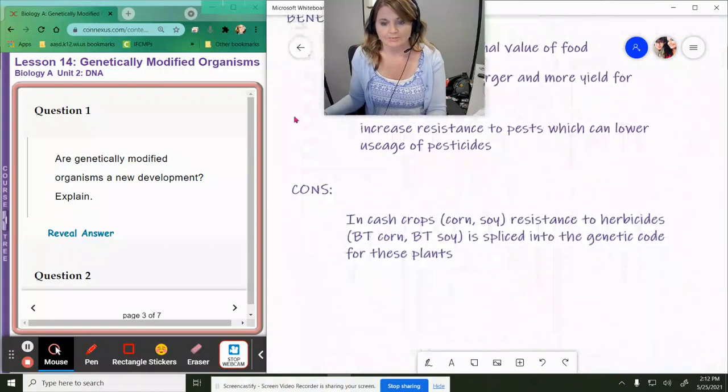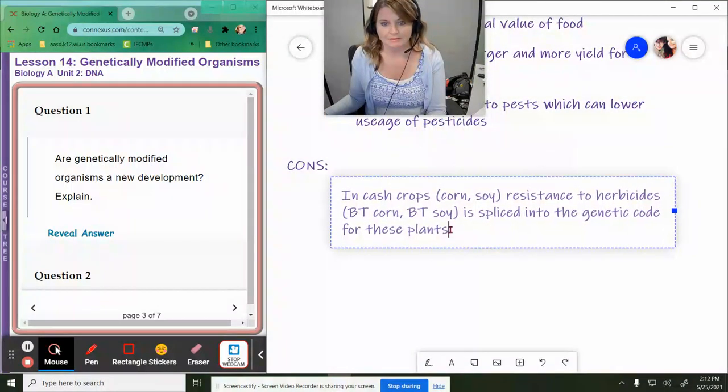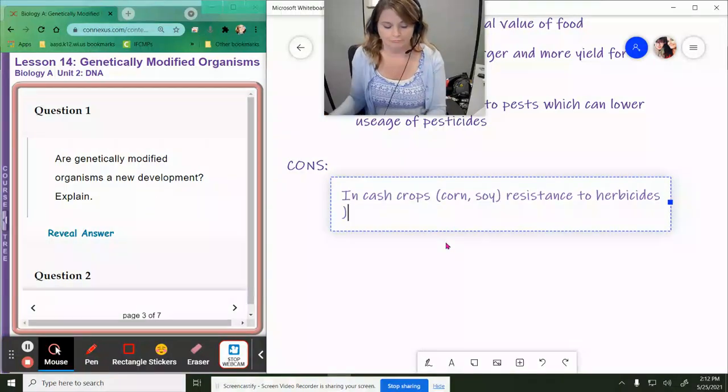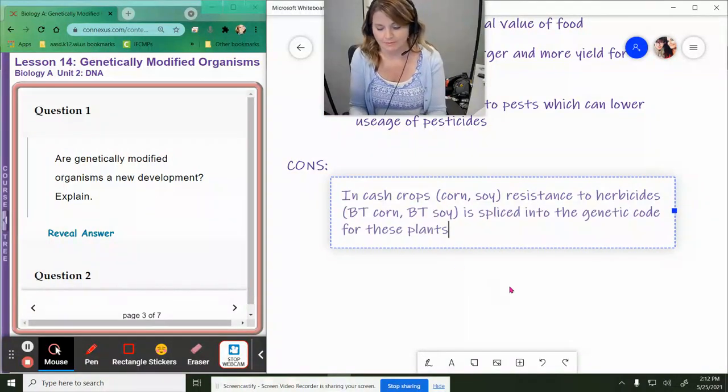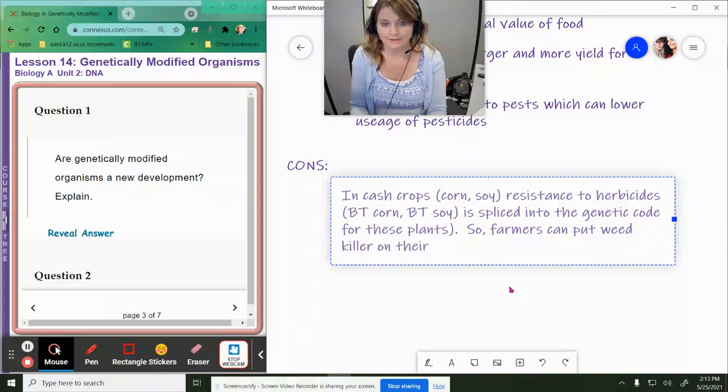So we're actually putting this right into the code for the plants, right? So basically, farmers can put weed killer on their fields and it kills the weeds and not the corn and soy.